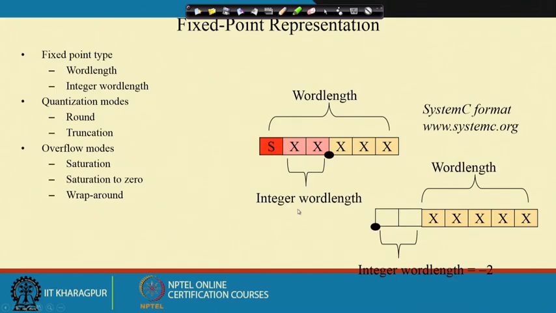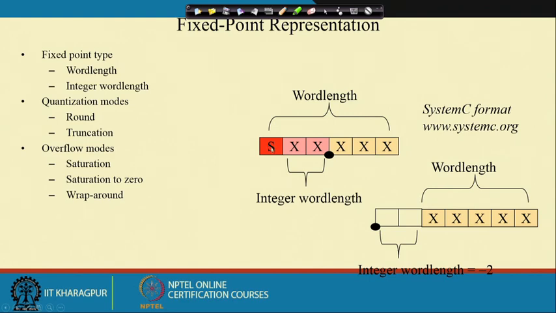Then this fixed point type may have two kinds of things: this word length, and another one is the integer word length. Suppose this portion I have denoted here is the fractional part, this portion is the integer part, and this S is the sign part.